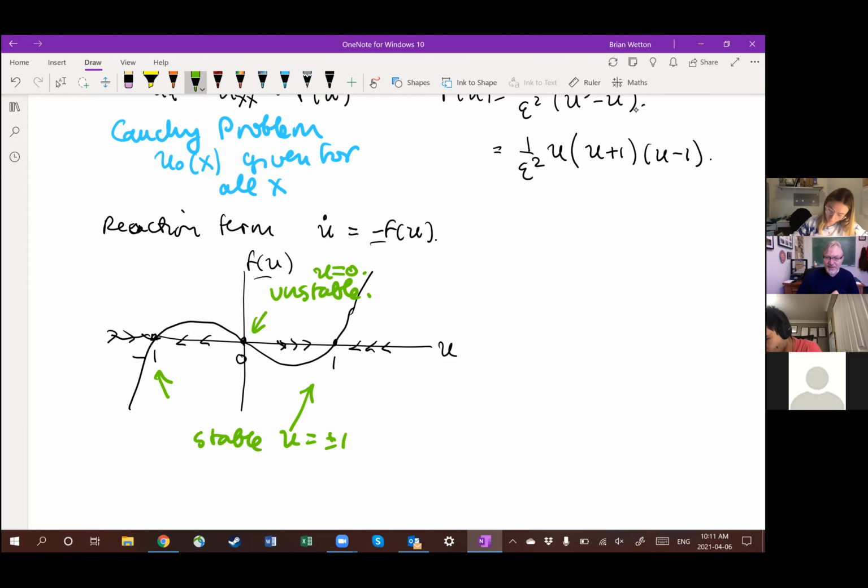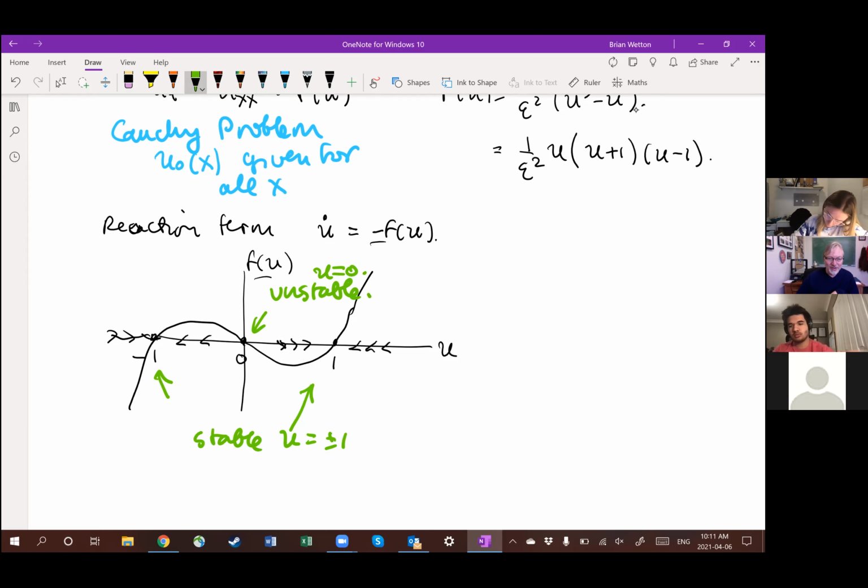Okay, and this is a material science model. It is a model where you have crystal grains of different orientation, and they can be mixed. This is a continuum model.